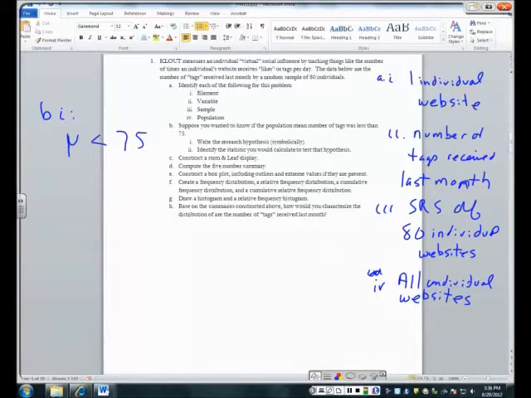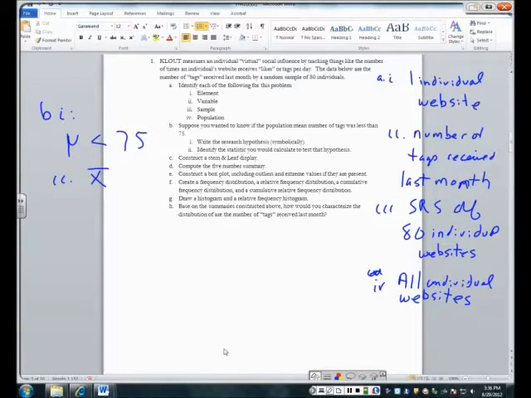And then for part 2 of part B, the statistic you would calculate to test that hypothesis would be the sample mean. So again, as we've stated before, you calculate the sample statistic, in this case x bar, from the sample, and you use that in order to estimate or test some hypothesis about the population mean.